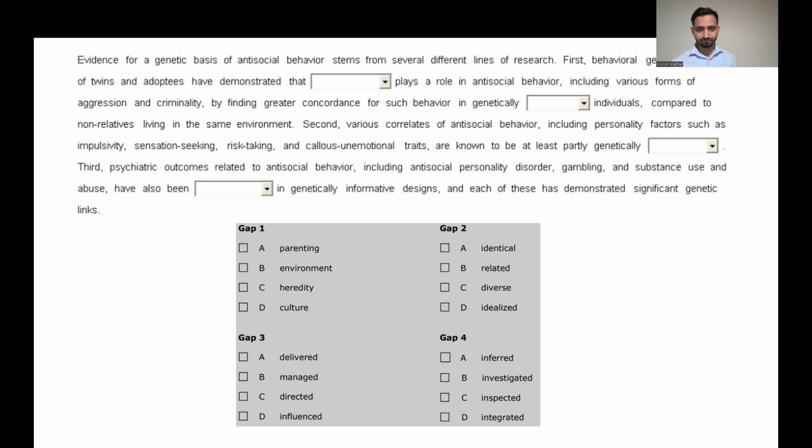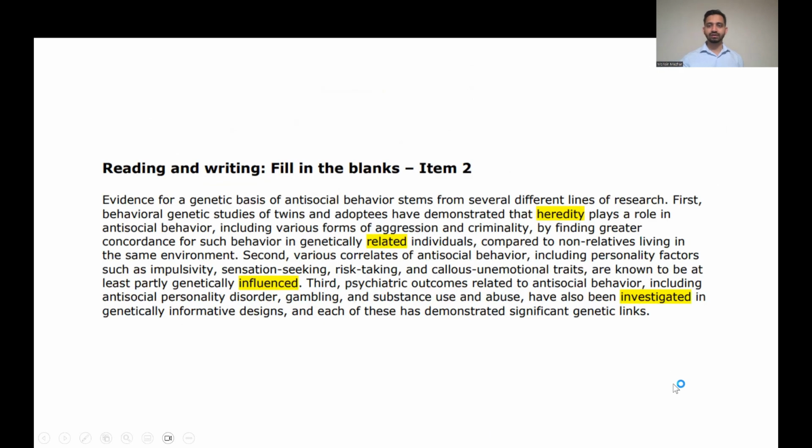All right, so we're going to read it out to see if it all makes sense here. And these are the answers. Please review your answers. Evidence for a genetic basis of antisocial behavior stems from different lines of research.